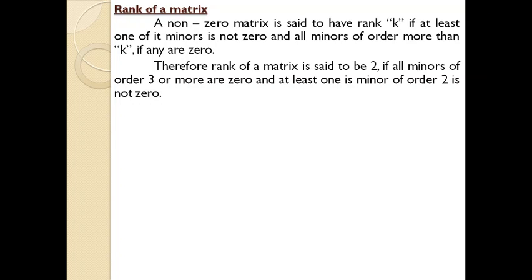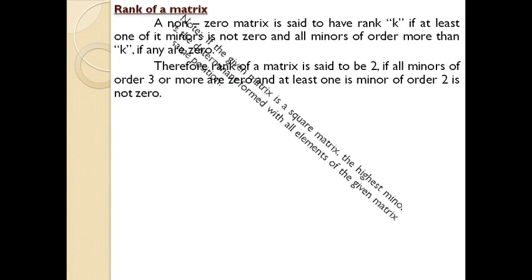That means if you have ranked a particular matrix as 2, then all the minors of order 3 or more must be 0. Whenever you get a minor of a particular matrix as 0, then that rank will be cancelled, so you have to check for some other ranks. That is the computation part of the rank of a matrix.